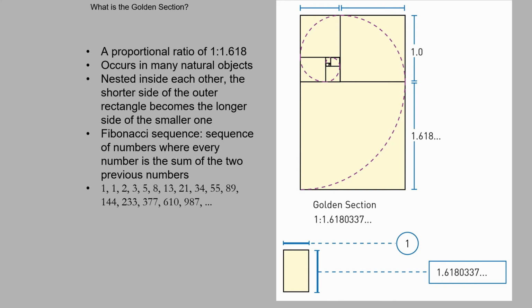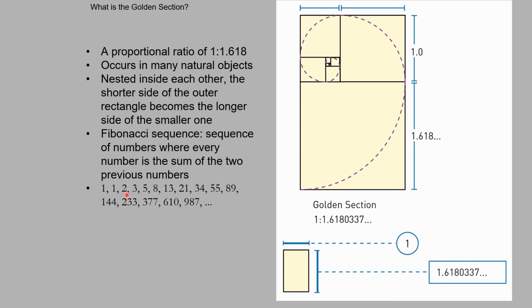Okay, so it's basically this specific rectangle nested within itself. And if you trace the corners of the rectangle, it forms a spiral. And so both the rectangle itself and the spiral were used all throughout Greek art. It is based on a mathematical sequence called the Fibonacci sequence, where basically every number is the sum of the two previous numbers.